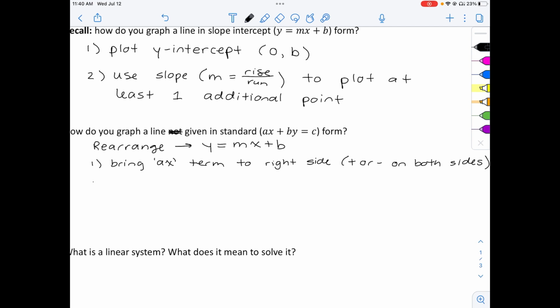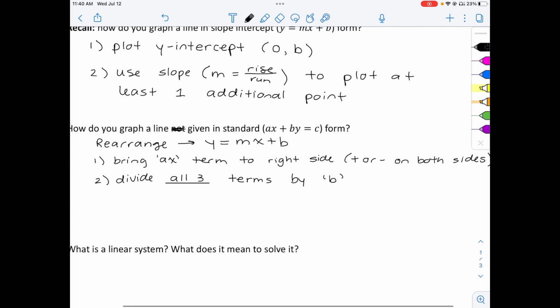And then you will divide all three terms by whatever your b value is. Okay, because we want to have it isolated for y, so you need to divide by whatever b is, and then you will get your equation in slope-intercept form, y equals mx plus b, and then you can graph using your steps above.